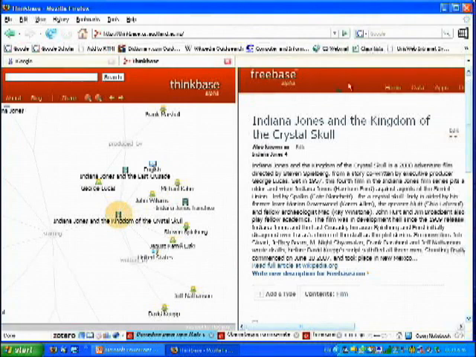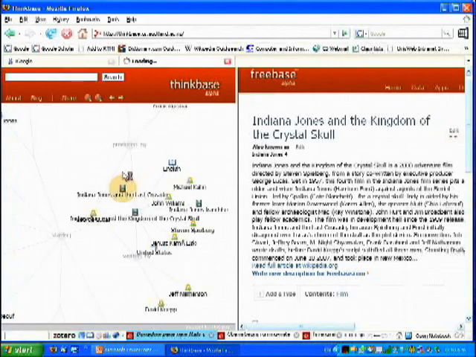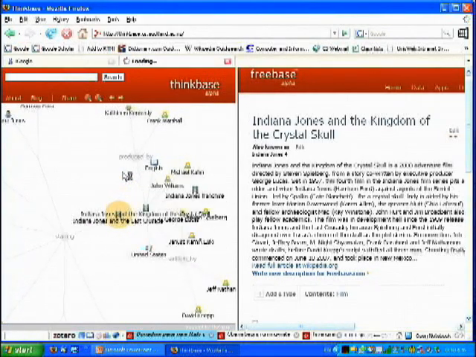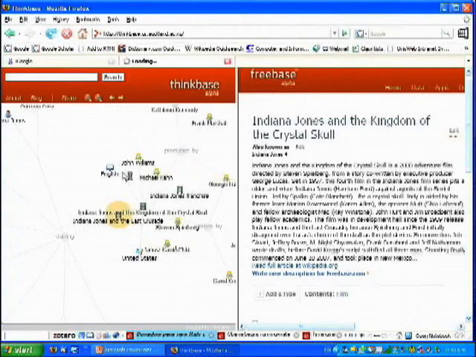So over here, in terms of the visualization, we can explore around in this. So we can, for example, have a look at Indiana Jones and the Last Crusade as another alternative, and we'll see once it rearranges itself. Hopefully, it's interesting. We haven't had the Freebase come up.